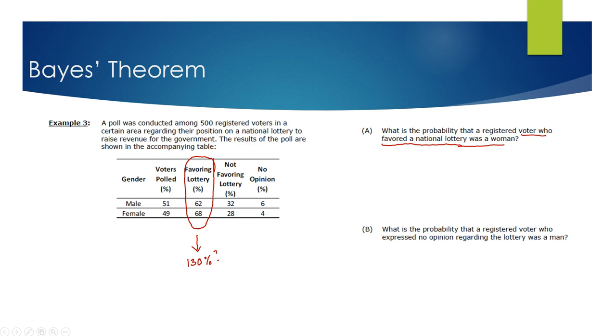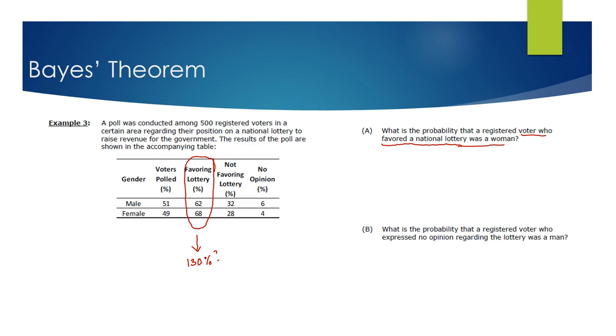Okay, so with this, we have to actually use the numbers, or I have to be more careful with the percentages, because the percentages I focused my attention on before I gave you a chance to work on this are the percentages of males. So 62% of males who were polled favor the lottery system, 32% of the males don't, and 6% have no opinion.